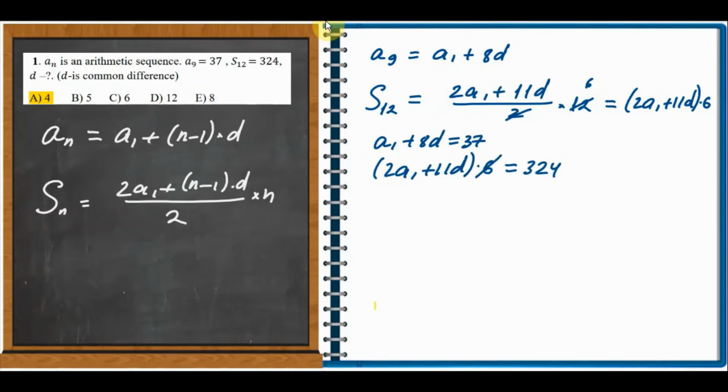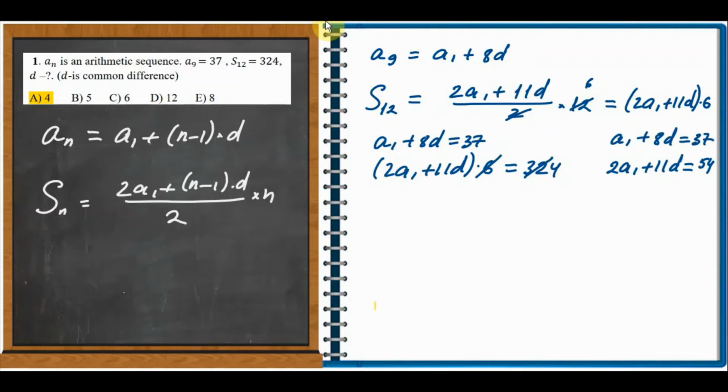Let's simplify 6 and 324 by 6. We will get 2A1 plus 11d equals 324 divided by 6, which is 54. And let's copy the first equation on top. We will get A1 plus 8d equals 37.